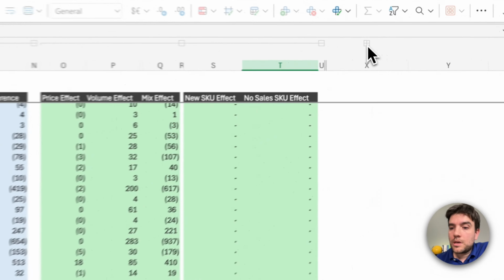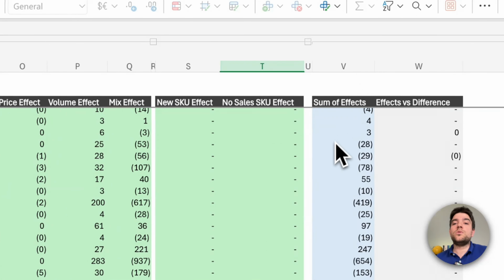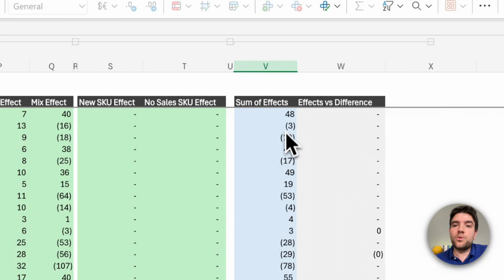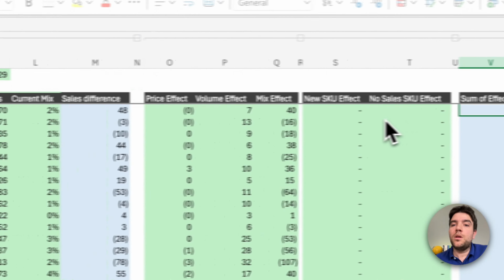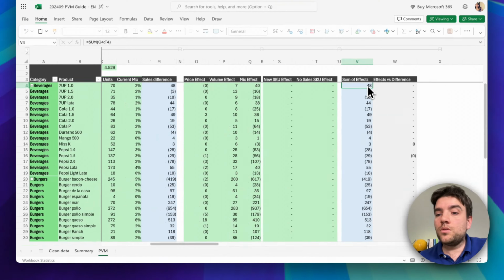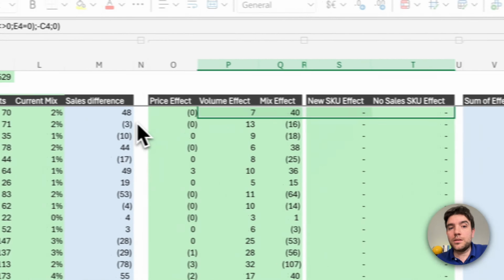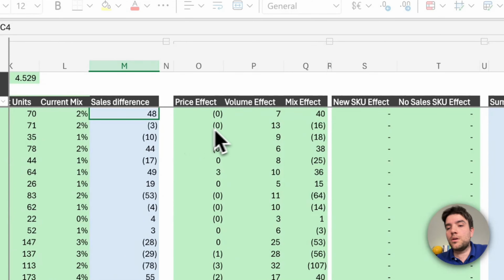So let's compare and see if this works. So we're going to sum all the effects here. For example, you're going to see for the 7-Up 1 liter, we're going to have $48 as a difference only using the effects, and it is exactly the same as the sales difference we calculated at the beginning.